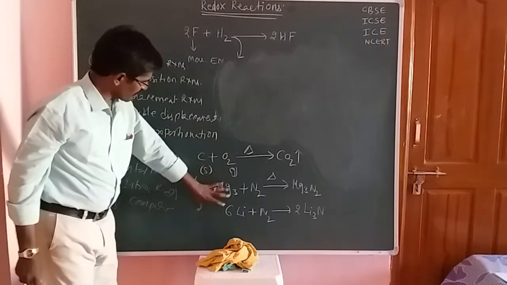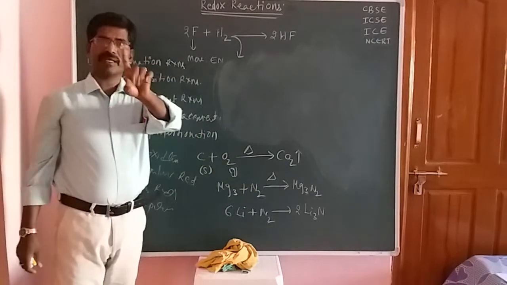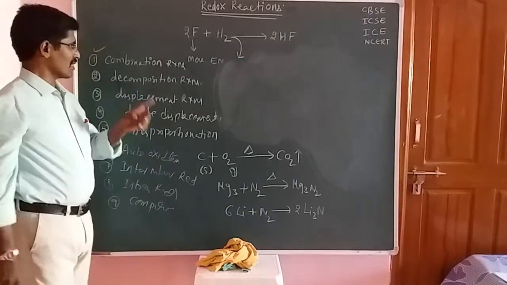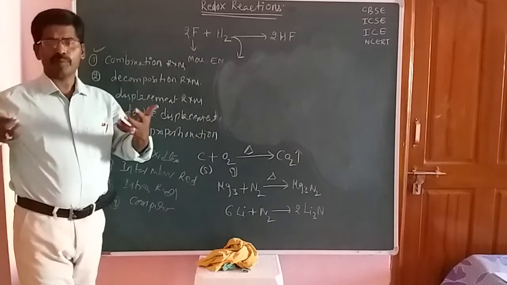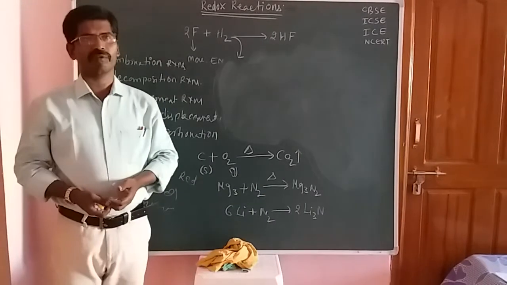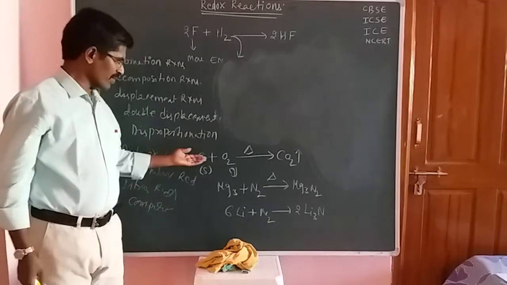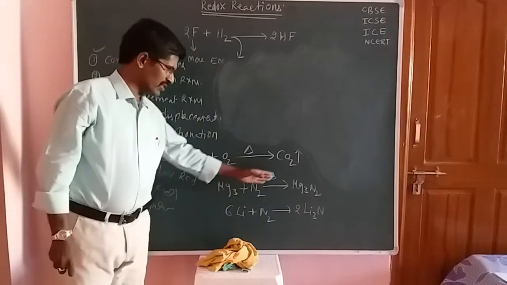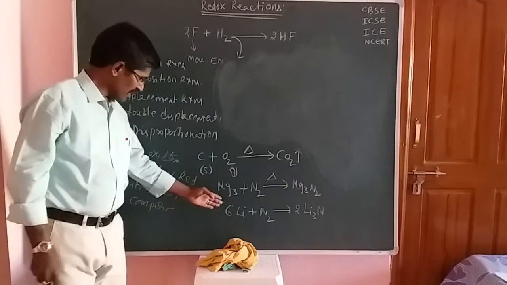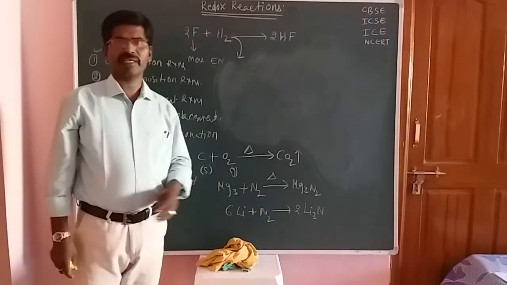Now these are the equations for combination reactions. As I taught you, combination means two or more elements combine to form a single product. Here carbon combined with oxygen gives carbon dioxide, magnesium combined with nitrogen gives magnesium nitride, lithium combined with N2 gives lithium nitride.